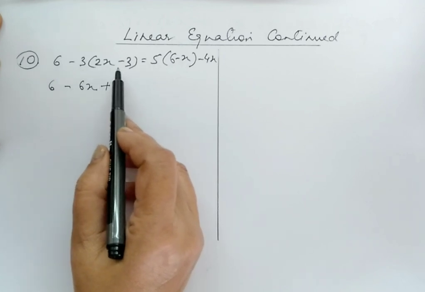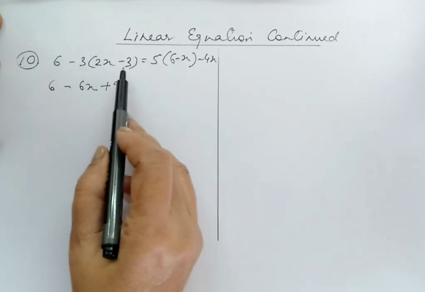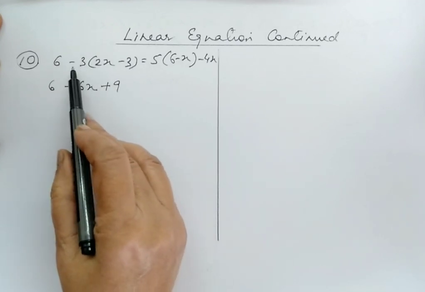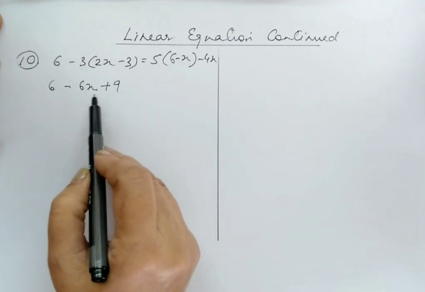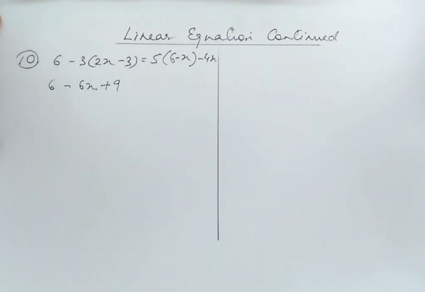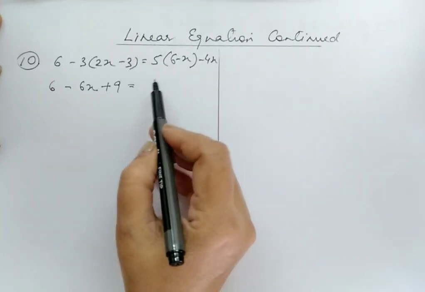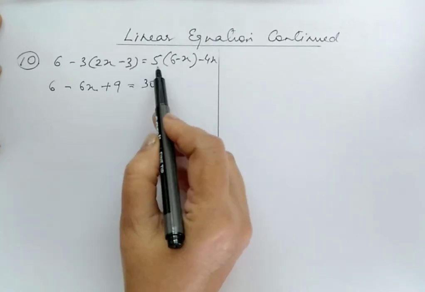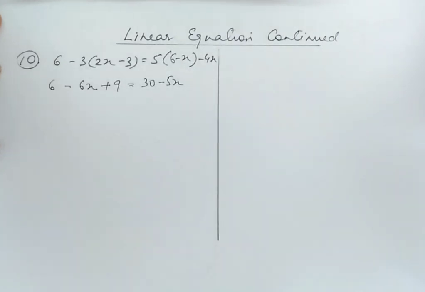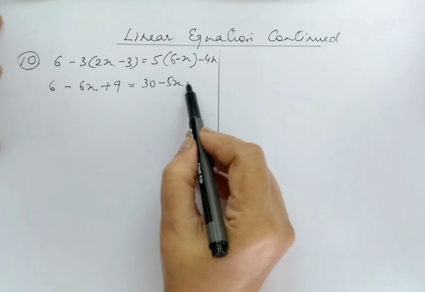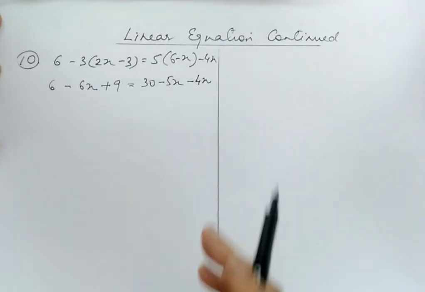When we multiply integers, minus minus is equal to plus, and minus 3 multiplied by plus 2x means minus 6x. So this side we have 5 into 6 is 30, and 5 into minus x is minus 5x. We have this which comes down.